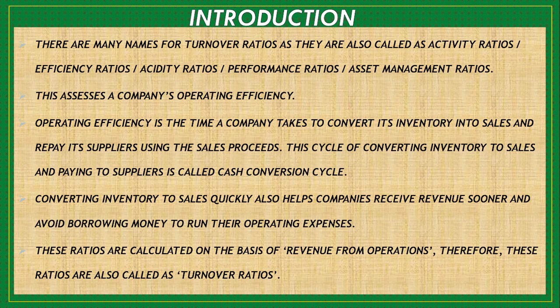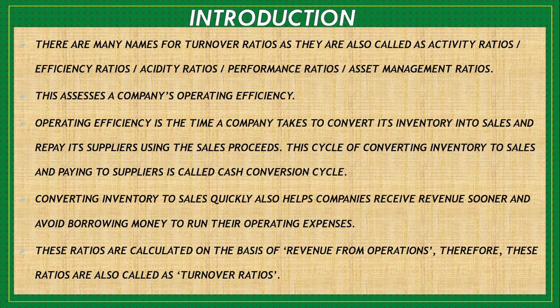This assesses a company's operating efficiency. Operating efficiency is the time a company takes to convert its inventory into sales and repay its suppliers using the sales proceeds. This cycle of converting inventory to sales and paying to suppliers is called the cash conversion cycle.